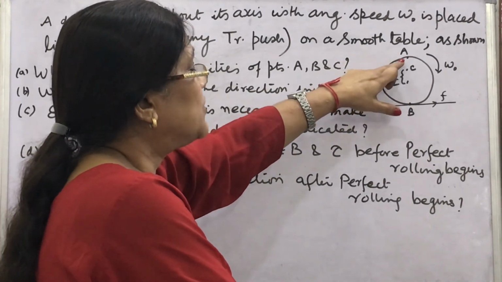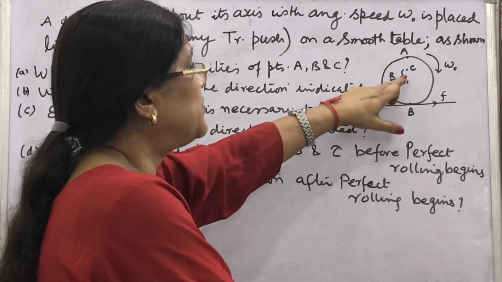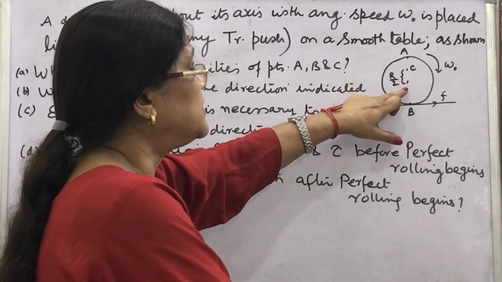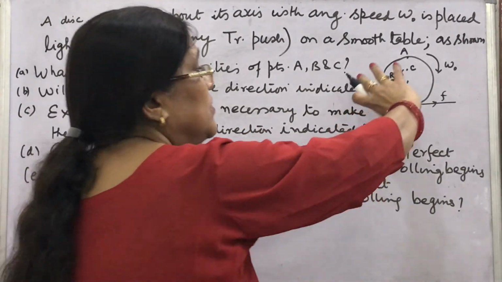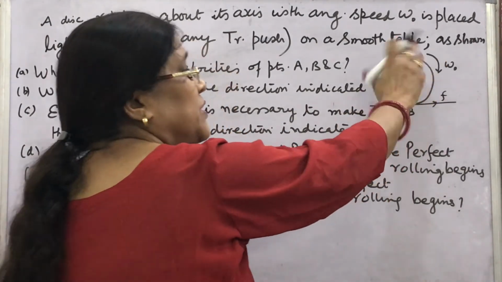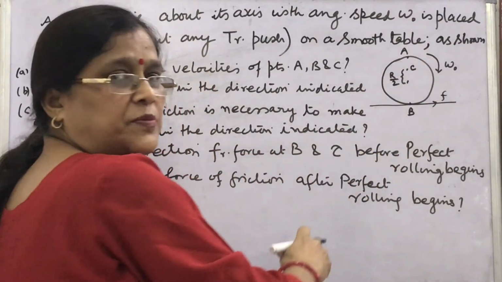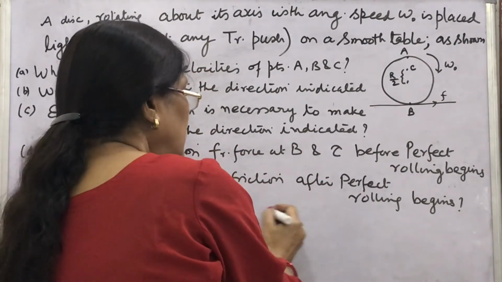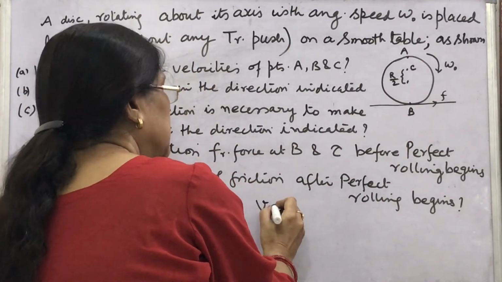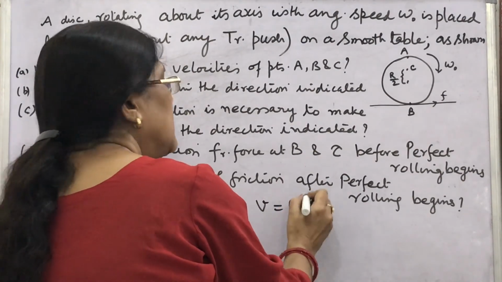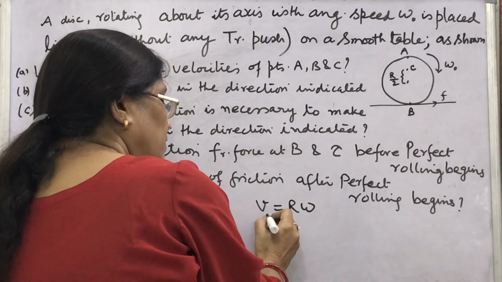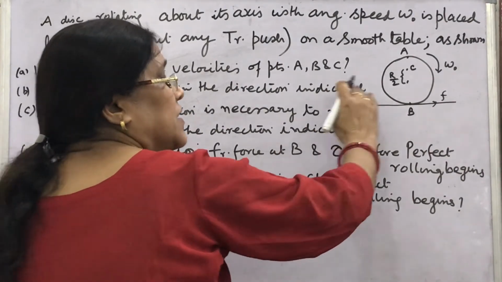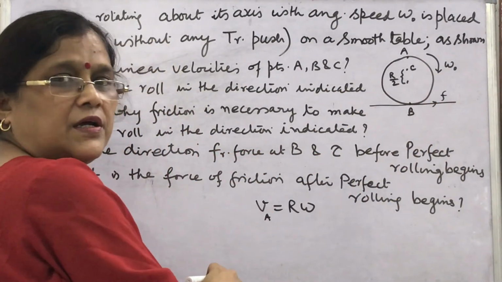Look, A is the topmost point, B is the lowermost point and C is here at a distance of r by 2 from the center. You know, omega naught is the angular speed of rotation. We know that V is given by r omega. Then for the point A, at the topmost point, VA will be r omega in the direction of the arrow indicated.